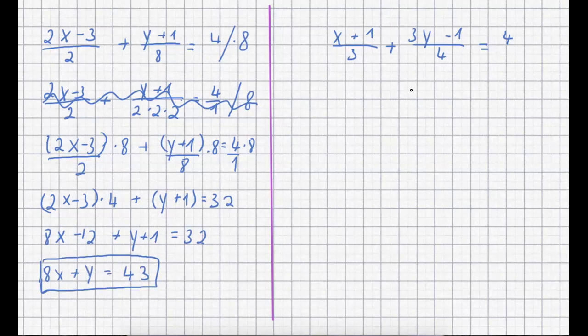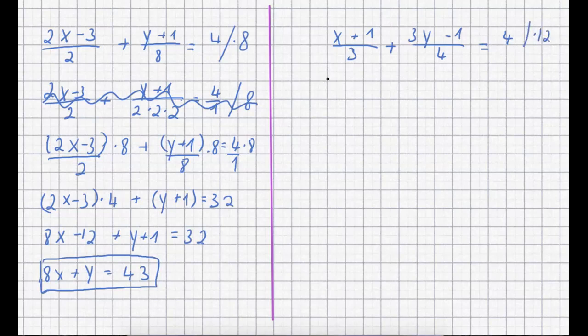Got it. Now, please help me with the second one. Okay. So I think we should do the same thing. That the denominator should be something that they both divide into, maybe 12? Yes, perfect. Okay.